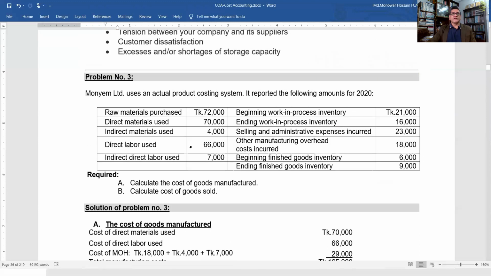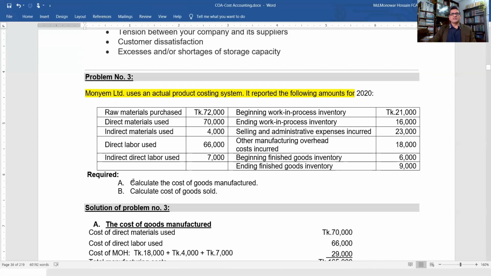So here is one example. Neem Limited used the actual production costing sheet system. It reported the following amounts: raw material, indirect material used, direct material used, direct labor used, indirect labor used, beginning work in progress, ending work in progress, selling and administrative expenses, other manufacturing overhead, beginning finished goods, and ending finished goods inventory.